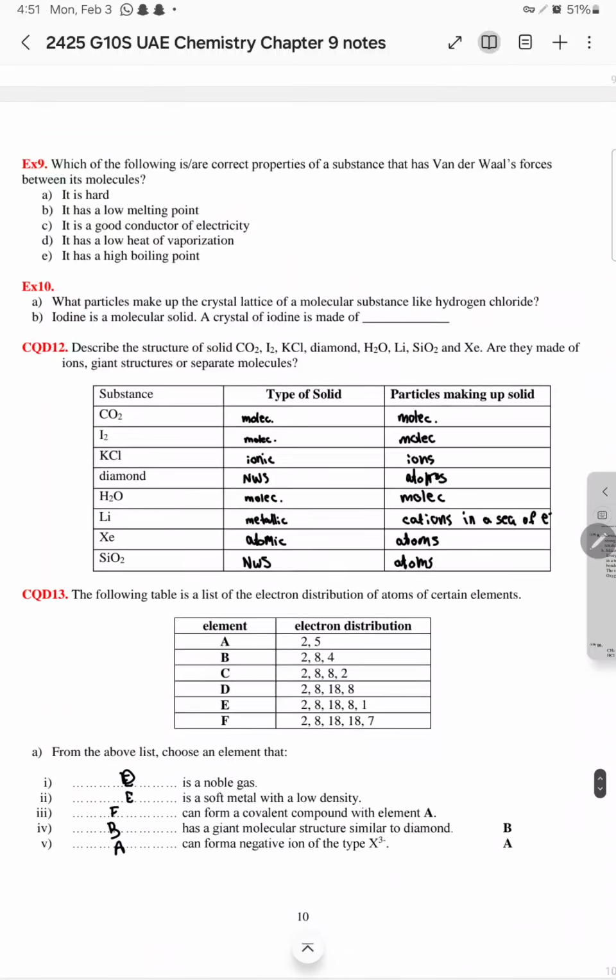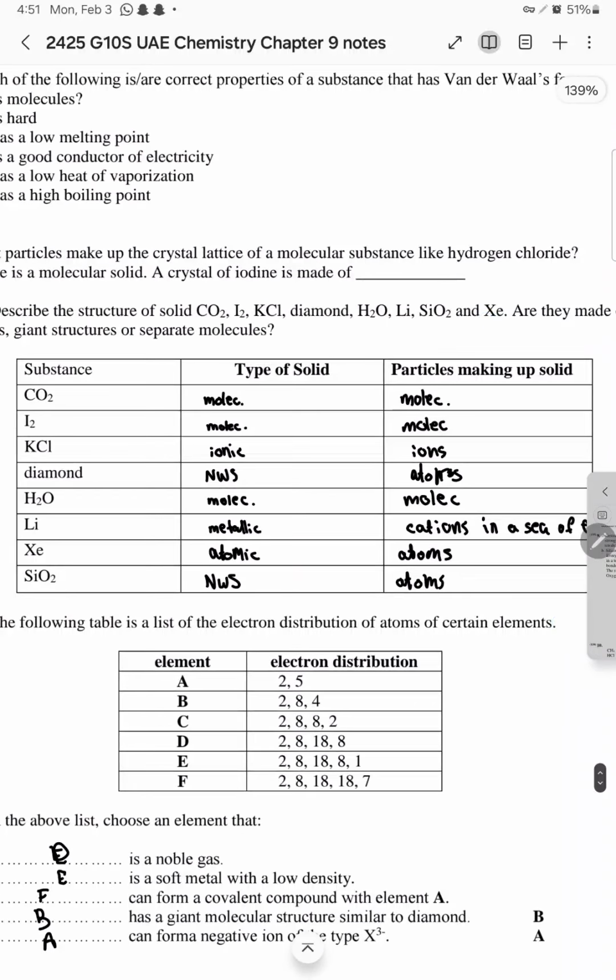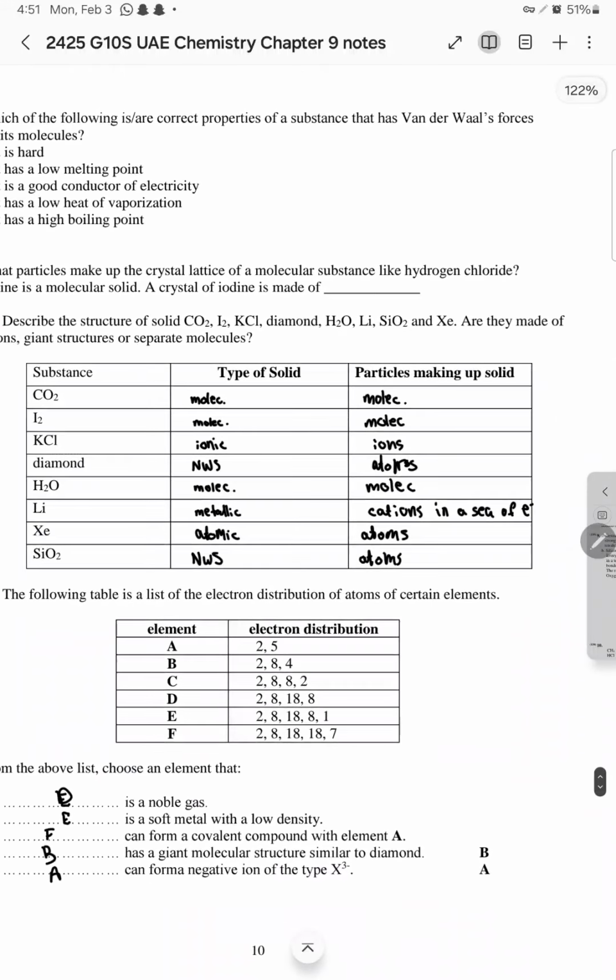Now for CQD12, it's the same question we had before, but now we want the type of solid and the particles making it up, not the bonds. So for CO2, it's a molecular solid because it's a molecule, and the particles making up the solid, if it's molecular, are molecules. I2 is also a molecular solid made out of molecules.